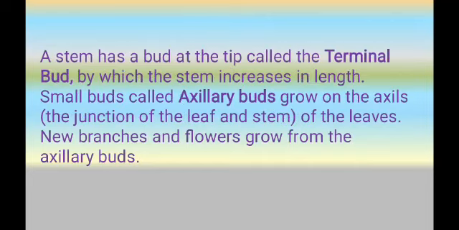A stem has a bud at the tip called the terminal bud, where the plant body grows and the size of the stem is increased. But some buds are small. They are called axillary buds. The leaves have a green color due to the presence of green pigments, meaning chlorophyll. New branches and flowers grow from the axillary bud.